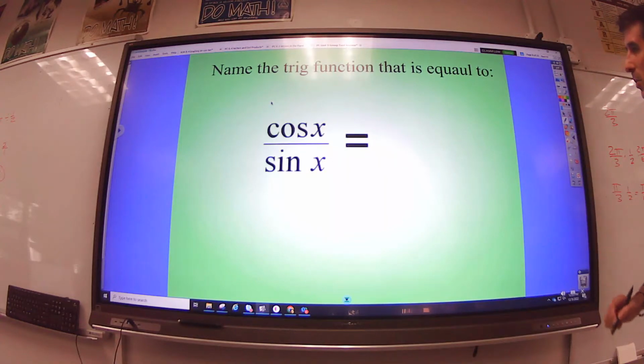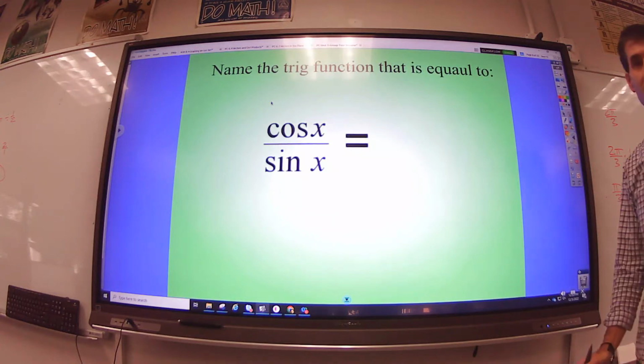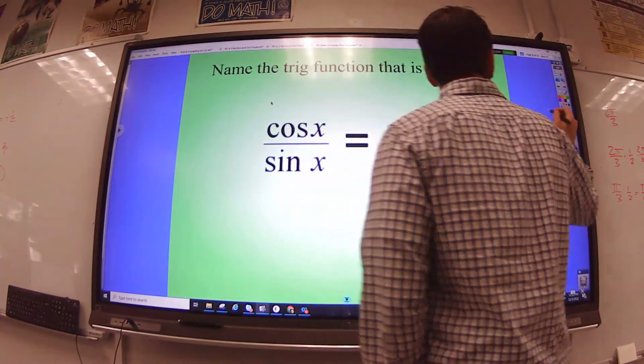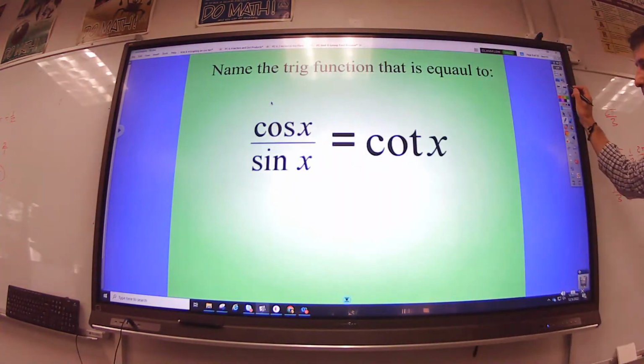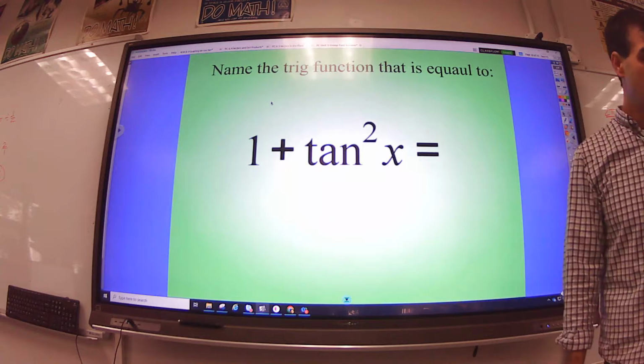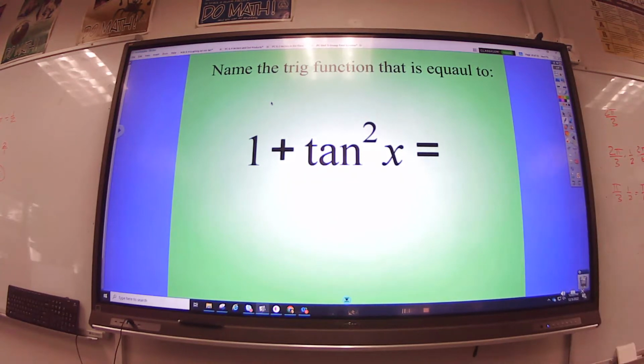And what is equal to cosine x over sine x? Cotangent, right? Tangent is sine over cosine. This is cotangent of x. Moving on. Name the trig function that is equal to 1 plus tan squared x.